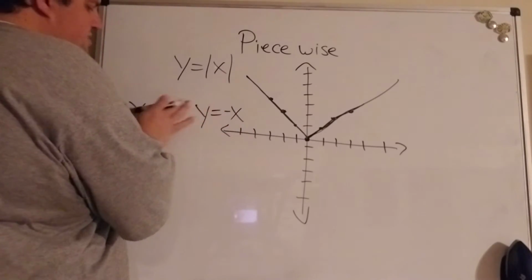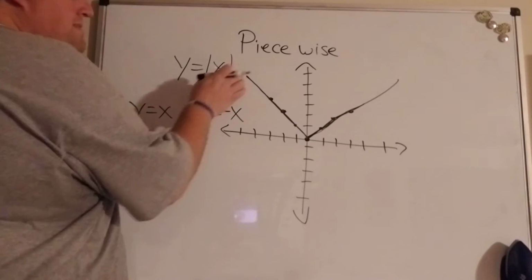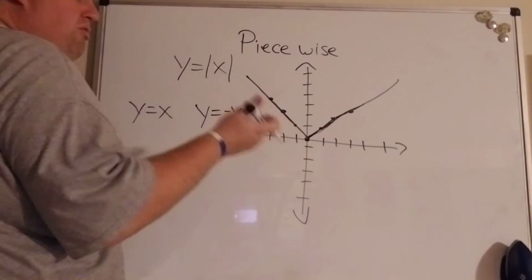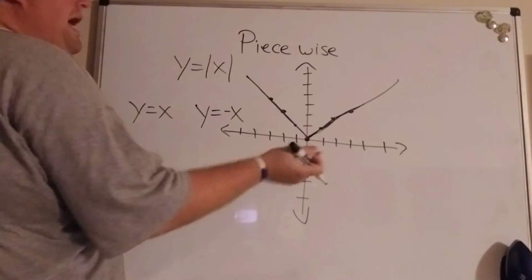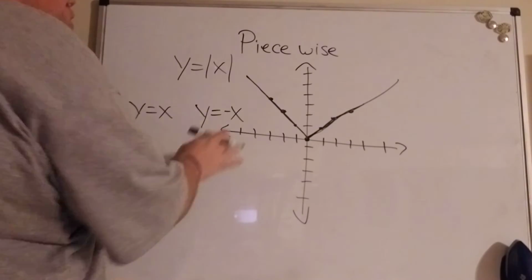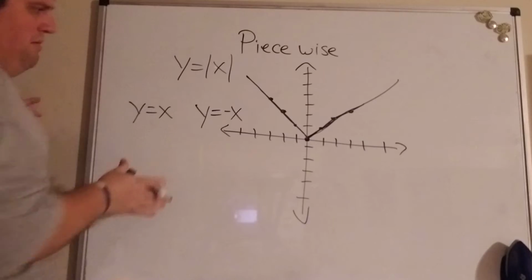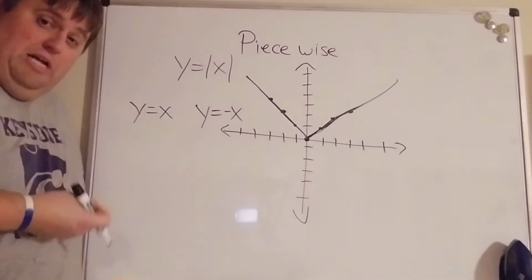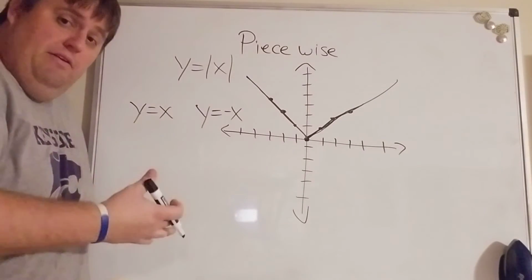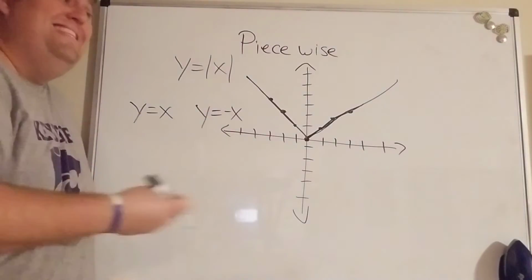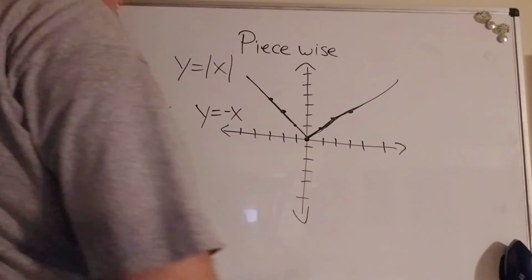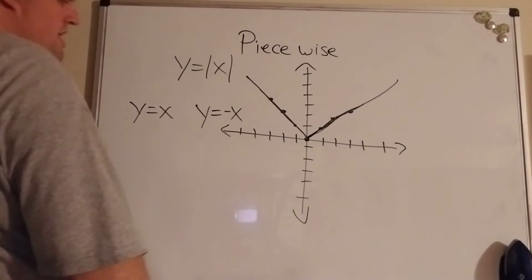Why we have these two pieces is because the absolute value has a special rule: it's going to make your numbers positive. So this line works for a little bit, and this line works for a little bit. That's basically what a piecewise function is. We have parts, but we need to talk about the interval: when is it this one, when is it this one?